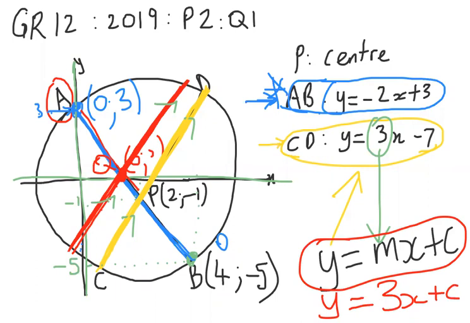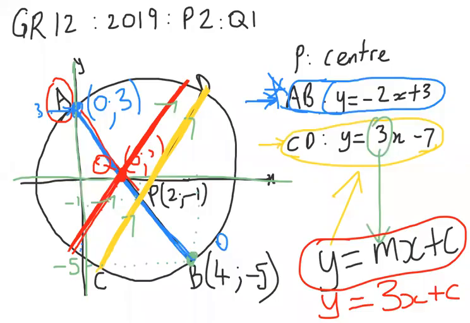We don't have the y-intercept yet, but what else can we do? So let's just think about it. We have that 0, so that 0 we can put in there. We don't have a y yet, but we do have this blue line AB.